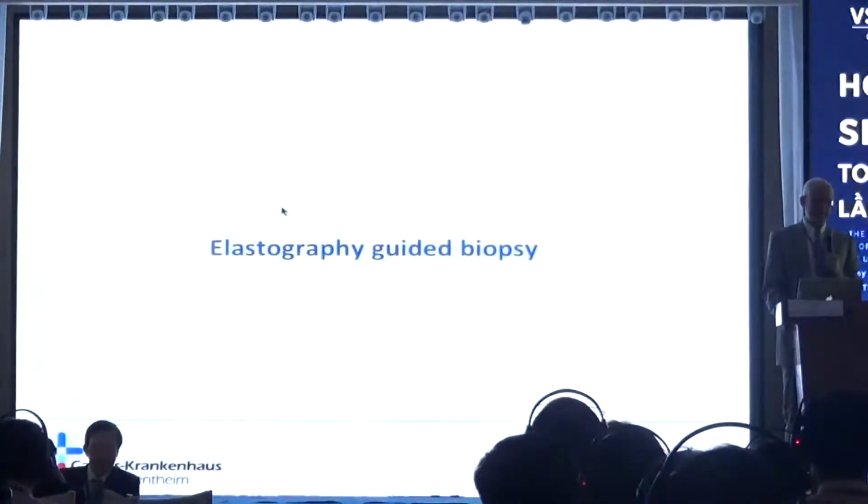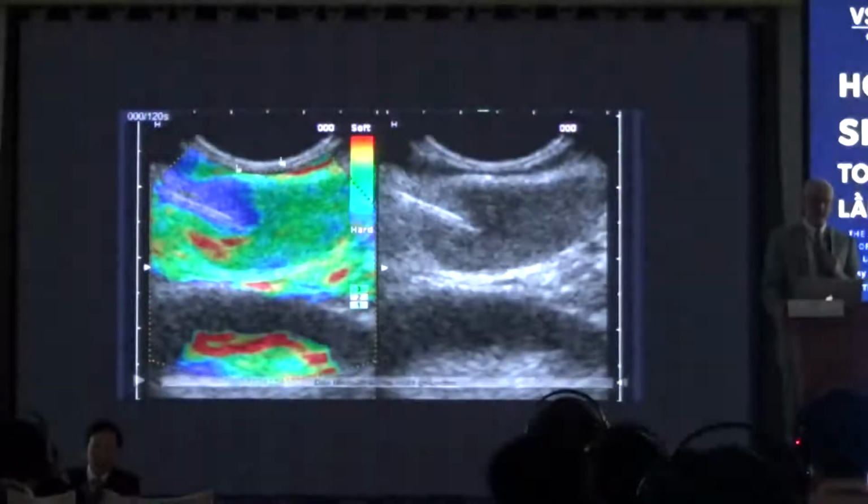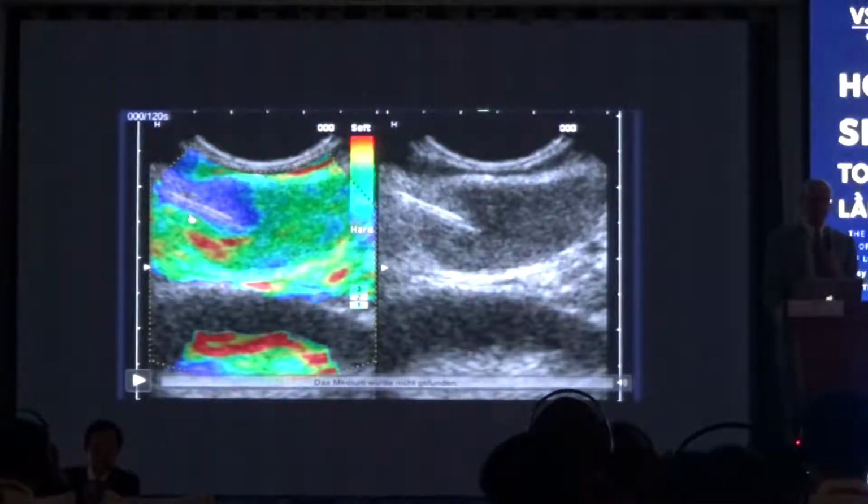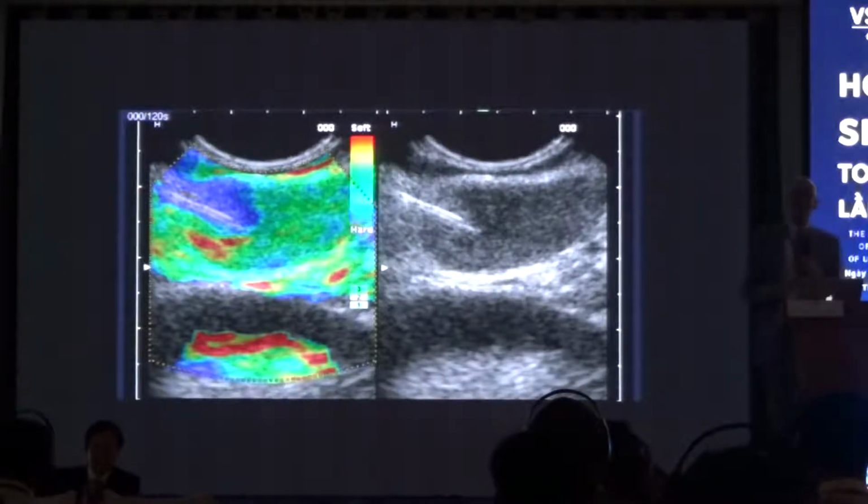What we are doing is the ultrasound elastography guided puncture. I look for this area in this lymph node, and here you can see nicely the needle. So in a lymph node of about 10-12 millimeters, we can even guide our needle for better results.